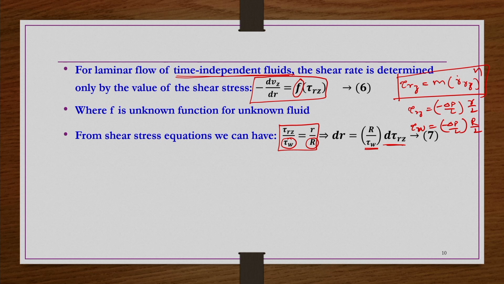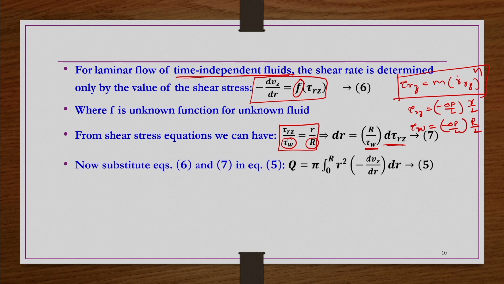Now equations 6 and 7 we are going to use in equation number 5, which is the volumetric flow rate expression. In place of r, you write tau Rz by tau W multiplied by capital R. In place of dr, you write capital R by tau W d tau Rz, and in place of minus dVz by dr, you write f of tau Rz from equation number 6.